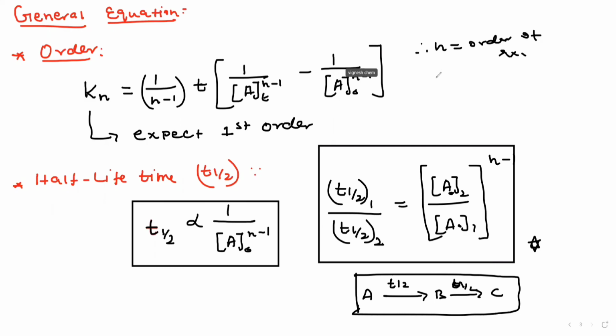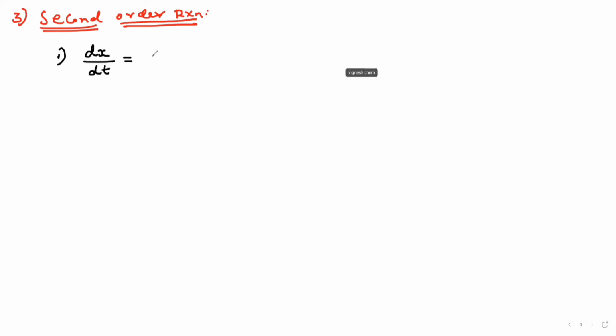Now I am going to explain the second order reaction, its important mathematical equations, followed by the graphical representation. Please note, this is the third one, the second order reaction. We know the rate equation: dx/dt, change in concentration with respect to time, is equal to K into A power 2.